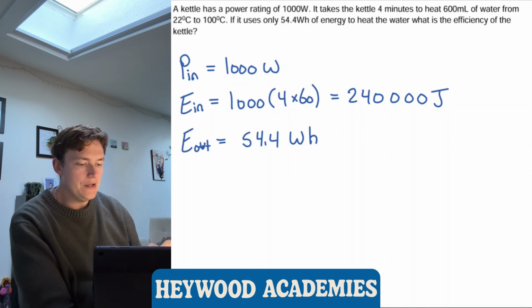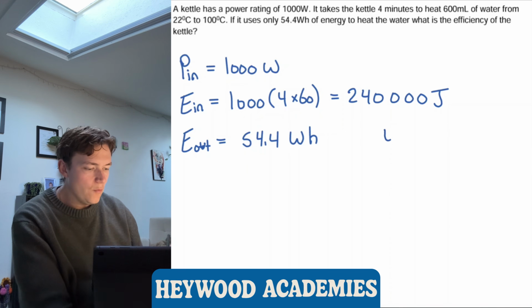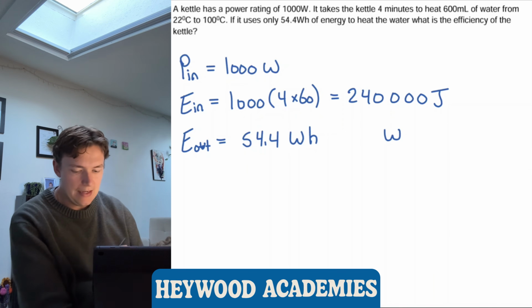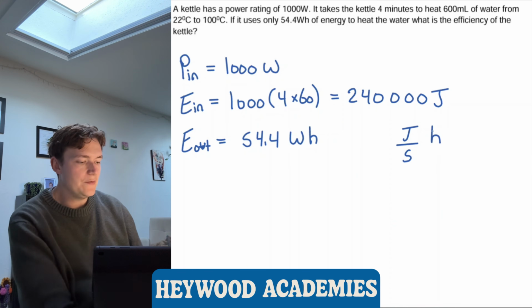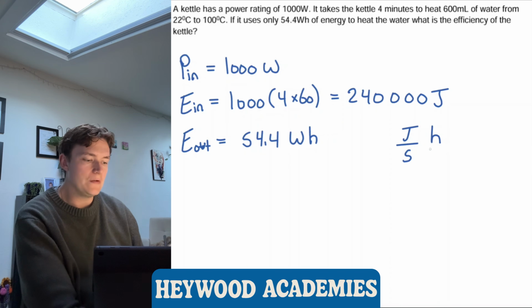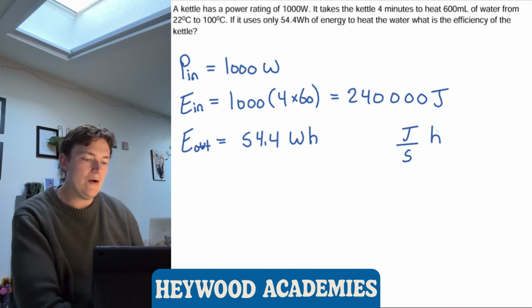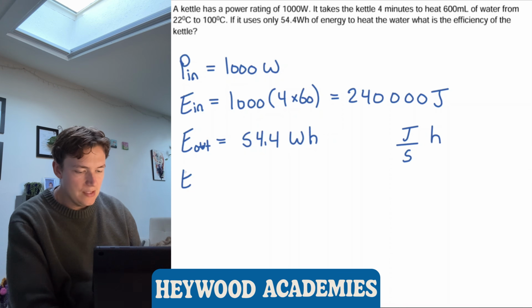So this is kind of a weird unit, watt hours. So let's break this down a bit. A watt is the same thing as joules per second. So let's go joules per second times hour. So there's kind of a mix and match of these units here. We're dividing by seconds, but then we're multiplying by hours. So to sort this out, we just need to rearrange these units a bit better.